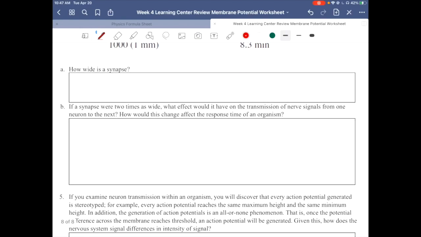All right, and then how wide the synapse is. On average, they're around 10 to 20 nanometers wide.